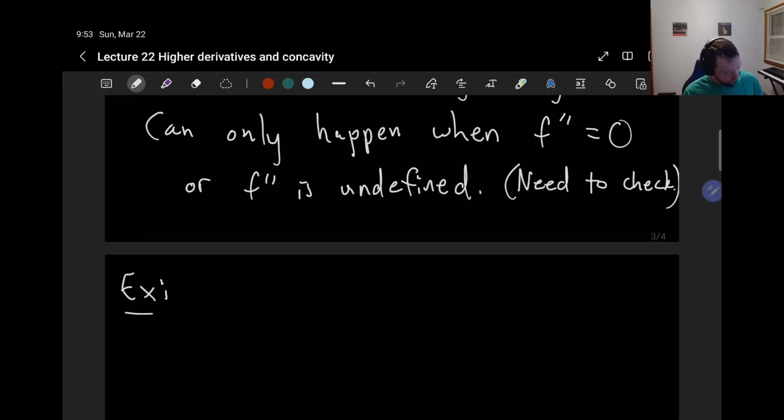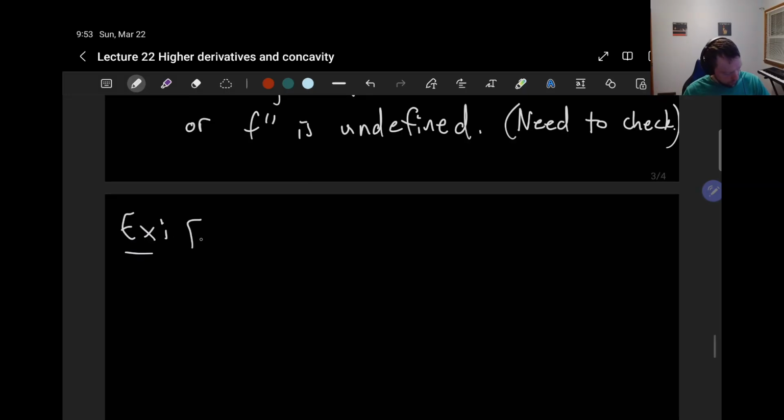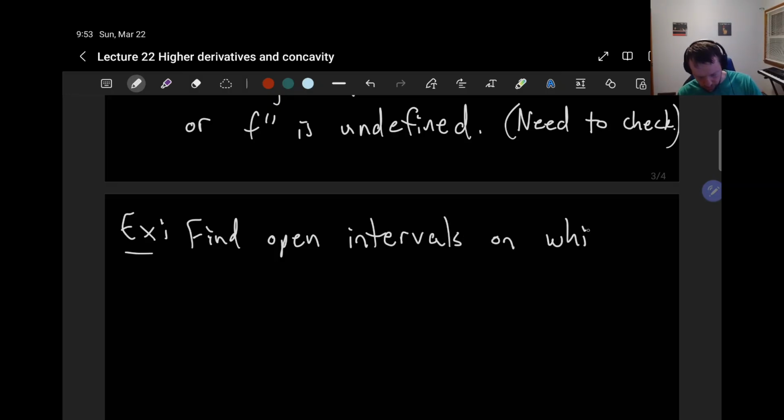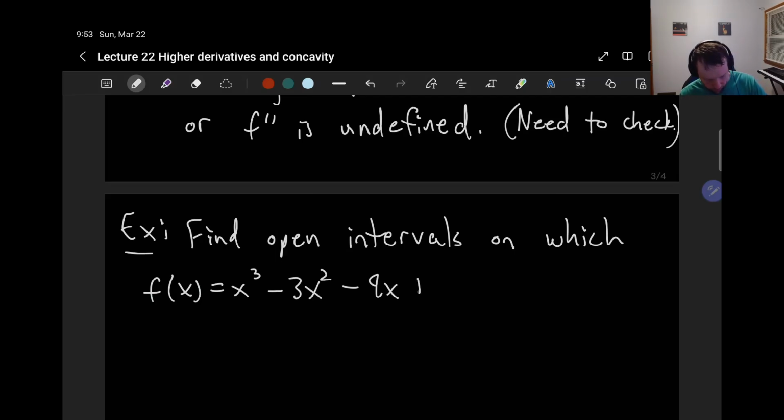So let's do an example. Without a graph, we're going to find the open intervals on which this polynomial x cubed minus 3x squared minus 9x plus 15 is concave up or concave down.